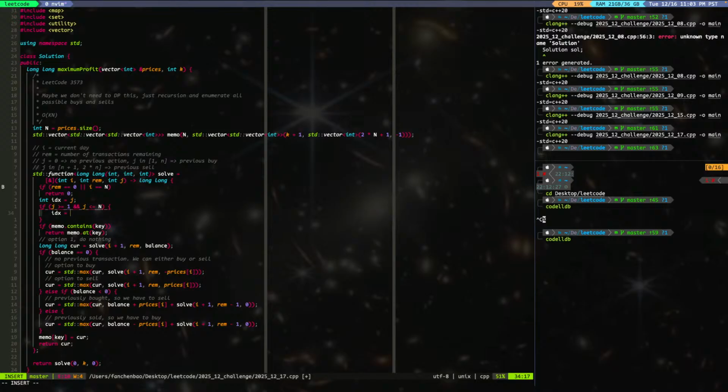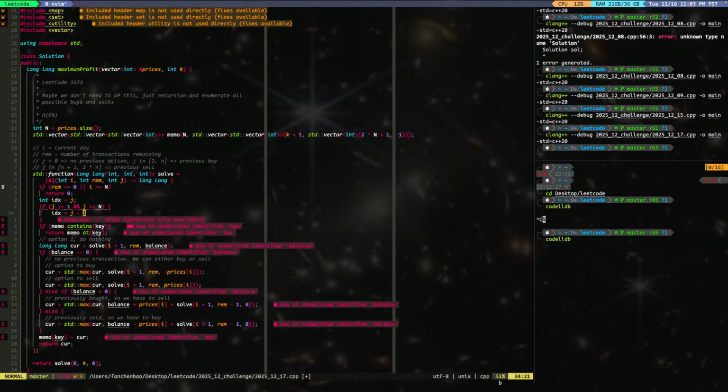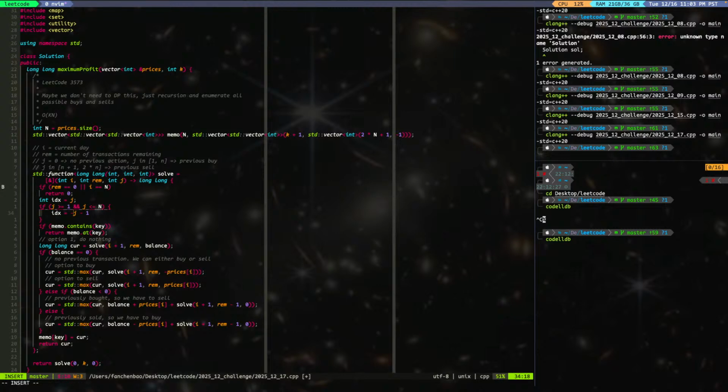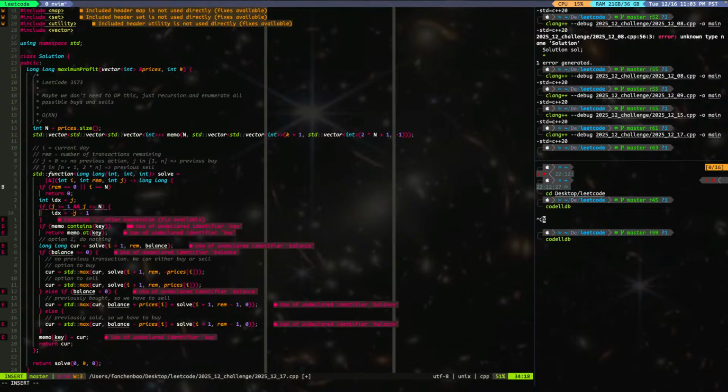right? Buy should be smaller than 0. So anyway, because J is 1 to n, right? So just J minus 1, right? But it has to be a negative. So negative J minus 1.